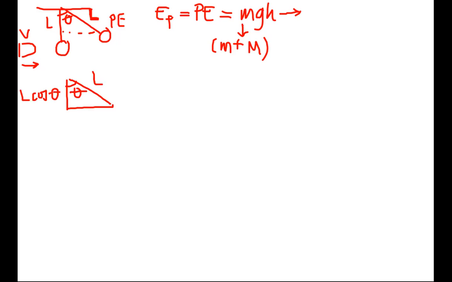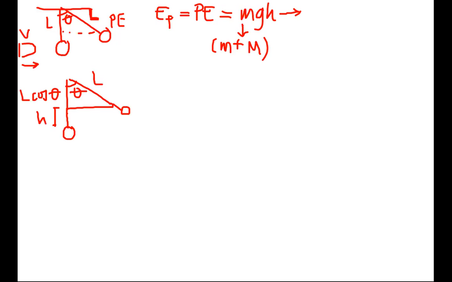But is L cosine of theta our height? No, that would be how far down the string, relative to the initial position, the pendulum currently is. But that's not how high the pendulum is above the ground.